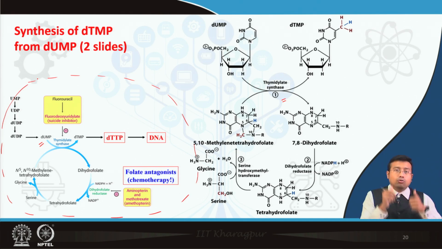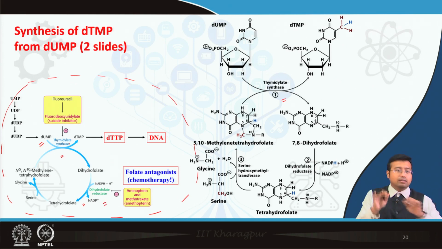We studied analogues like 6-mercaptopurine, 5-fluorouracil, methotrexate, and I told you methotrexate was inhibiting the enzyme dihydrofolate reductase, right? 5-FU or 5-fluorouracil was inhibiting thymidylate synthase. So these are the enzymes that are the target areas for chemotherapeutic or anti-cancer drugs, right? So just remember dihydrofolate reductase and thymidylate synthase.